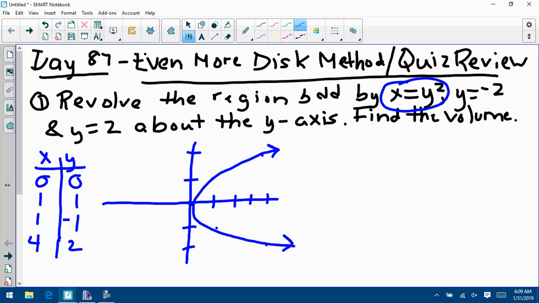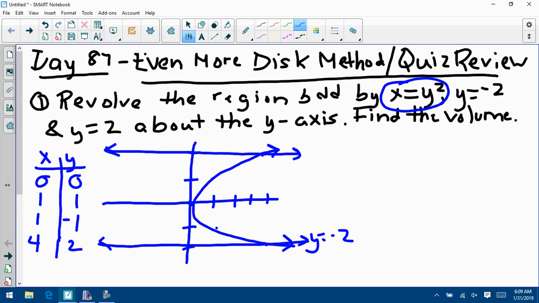So it says it's bounded by that y equals -2, so that's this line down here, and y equals 2, which would be up here. So when they're talking about the region bounded by those three graphs, we've kind of got a couple of regions. We've got this one, and we've got this one. But since that's a complete region from -2 to 2 on the y-axis, we don't have to split this up.